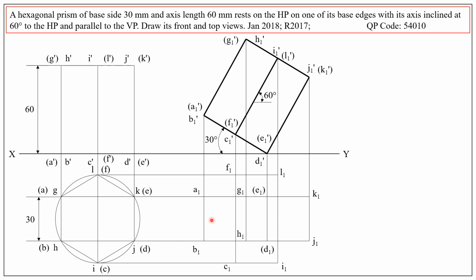Again, for example, suppose if you want to locate this point C1, follow the vertical from C1 dash, follow the horizontal from C, and both of them intersect at C1. Similarly, other points. Now we can draw the hexagon at the bottom and also at the top.